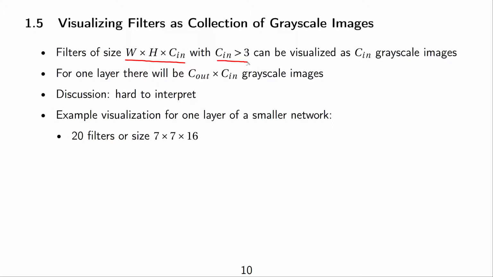So now we can visualize this as Cin separate grayscale images. One particular filter will consist of Cin grayscale images, and we have Cout filters. Therefore, this will result in Cout times Cin grayscale images. Later on in the network, if we go from 512 channels to 512 channels, you can imagine that this will be a very large number.